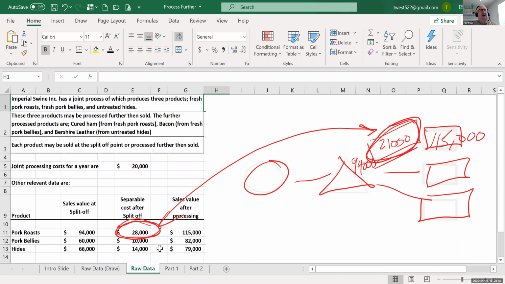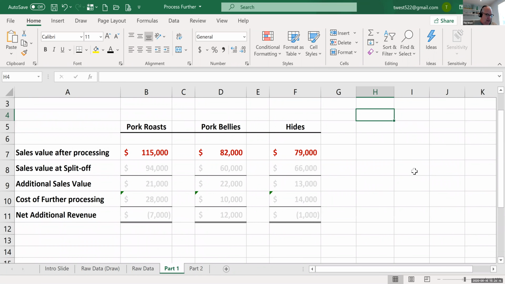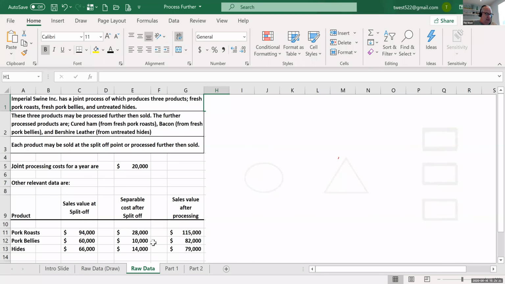So this is where we tie it back to these other differential cost problems we've done, looking at this cost benefit. If we went over here and looked at it in a bit more accounting ease, because I do love a good spreadsheet, you've got a line called sales value after process.